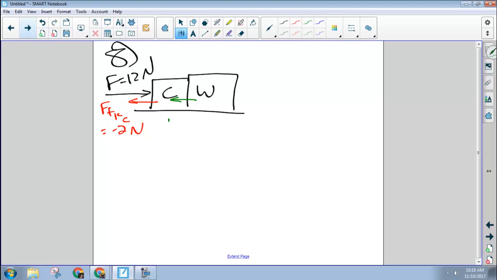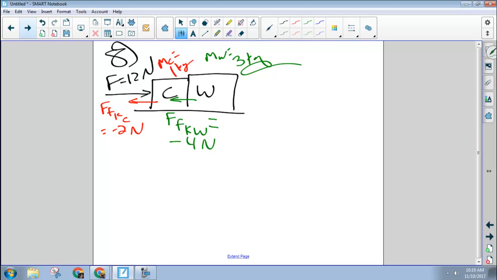And there's the force of friction kinetic on the Wheaties, which is 4 newtons. And we're given the masses, which makes this a little bit simpler. So let's see, the mass of the Cheerios is 1 kilogram, and the mass of the Wheaties is 3 kilograms. Okay, so just to be clear, all I've done is pictorially represented what the problem tells us. Good? Any problems?